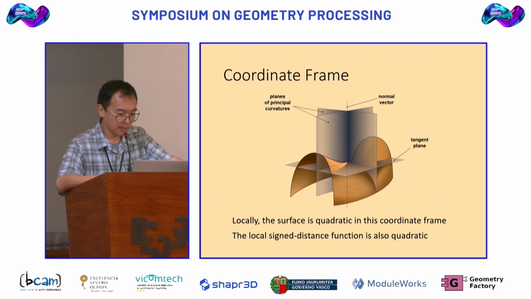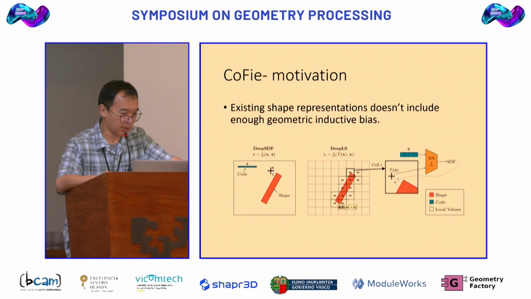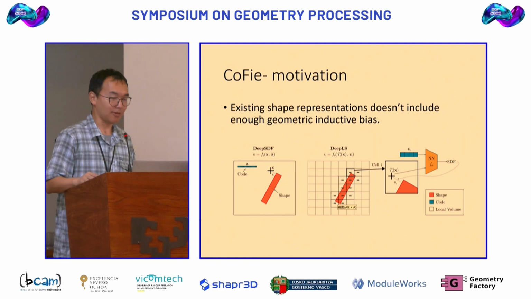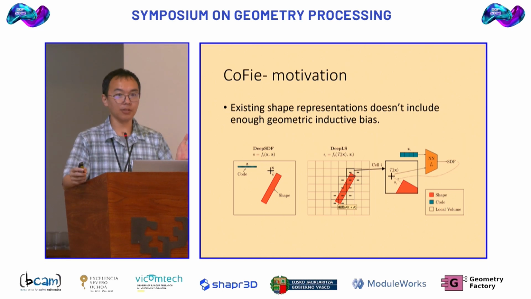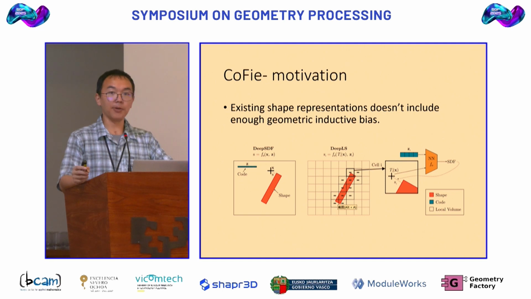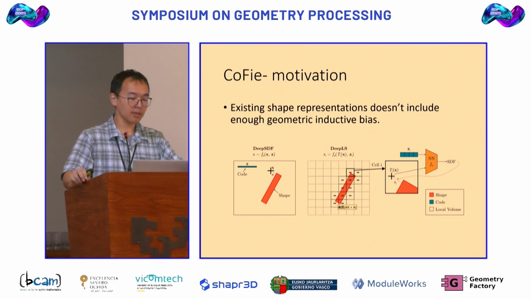Now, you go back to DeepSDF, which is widely used. How many of you know DeepSDF? Okay, a few of you. So what is DeepSDF? It works in a 3D domain.